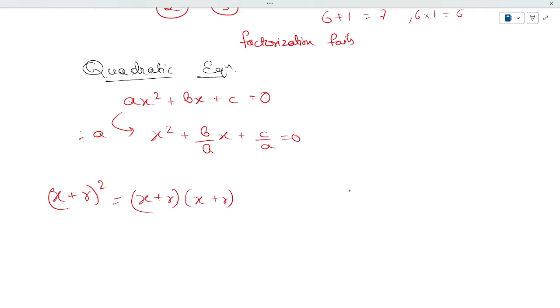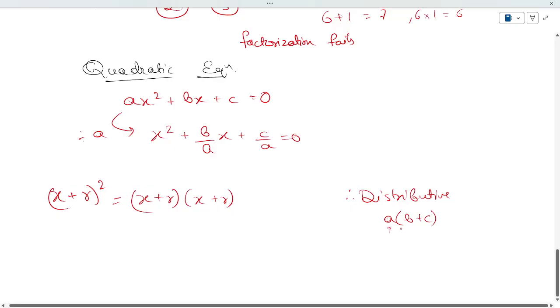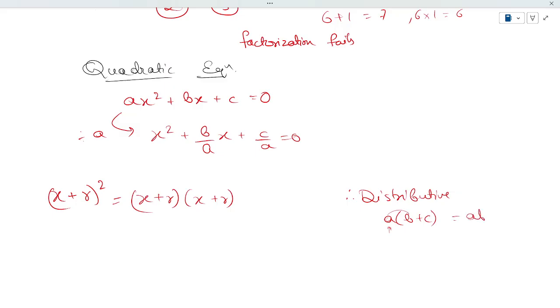There is one distributive property which says you have to multiply each term inside the bracket with the outer term, right? If you multiply a, it gives you ab plus ac, right? This is your distributive property. If you apply the distributive property here, you get x square plus xr plus xr plus r square.